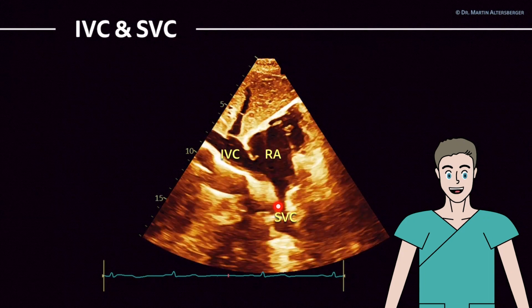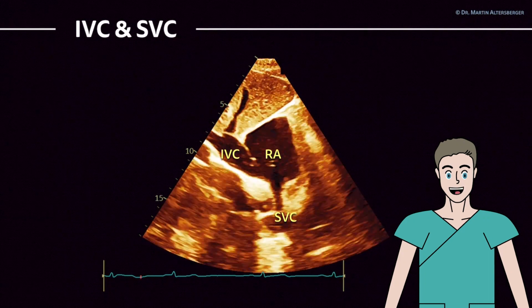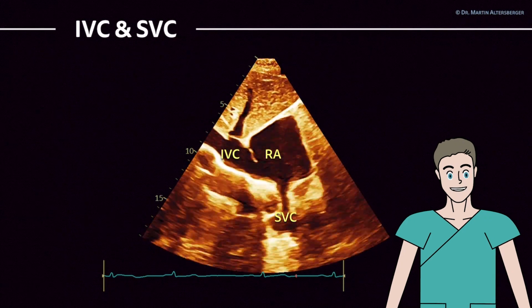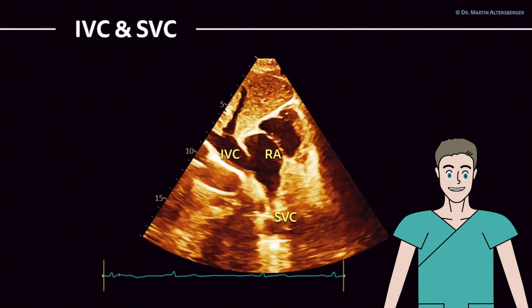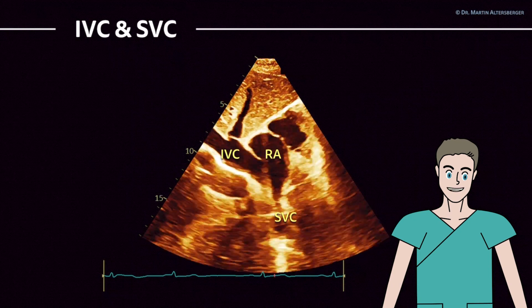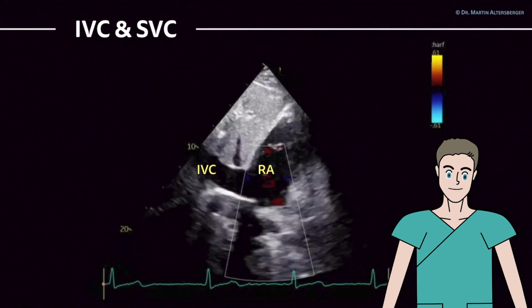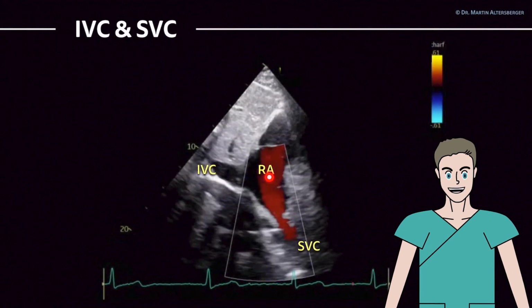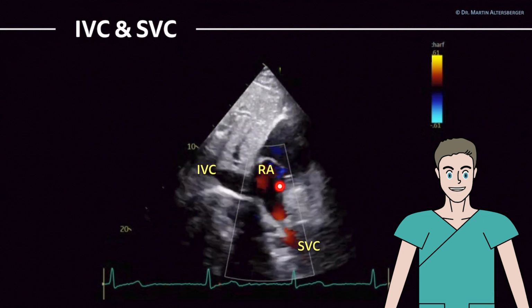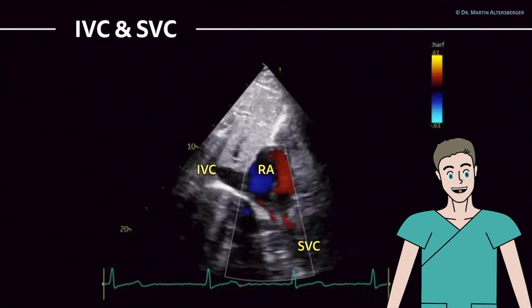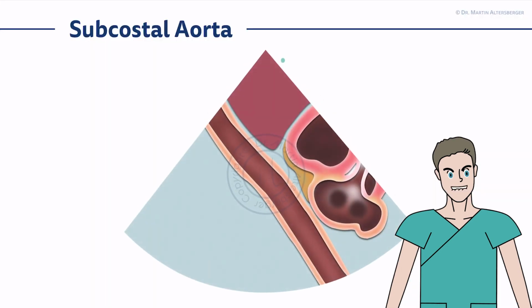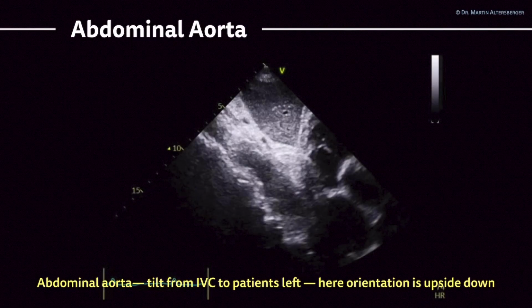You can look at the collapsibility as well. Like the IVC, of course, the SVC has to collapse, but you get a better delineation of the SVC in transesophageal echocardiography compared to TTE. Showing color Doppler, here's the IVC, the right atrium, trivial tricuspid regurgitation, and the SVC as the continuation of the IVC.